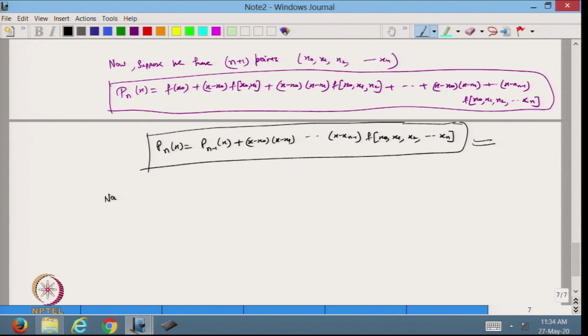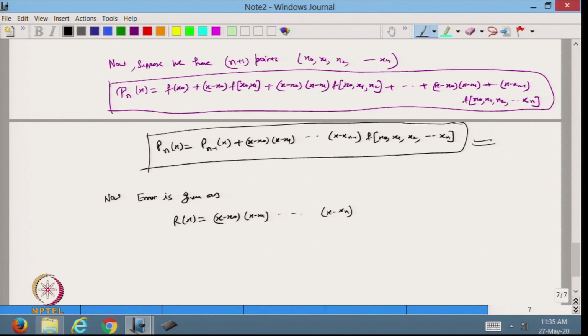Now, in this case the error is given as we have discussed in the previous lecture also. So, R x is given as x minus x naught, x minus x1 up to x minus xn.